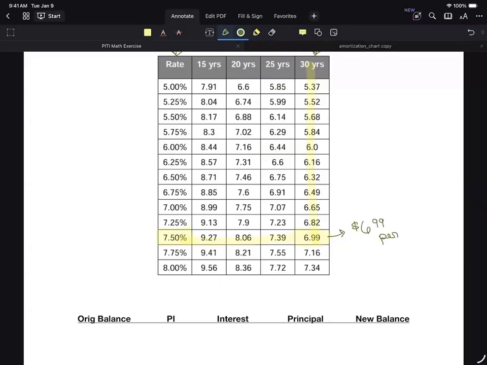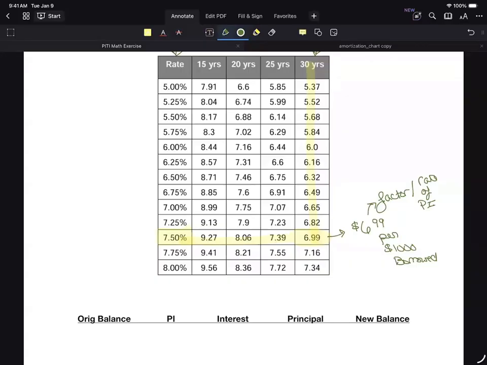It is $6.99 per 1,000 borrowed. Okay. That is your factor, or what we call the rate of P&I.